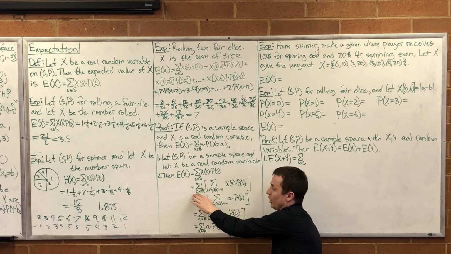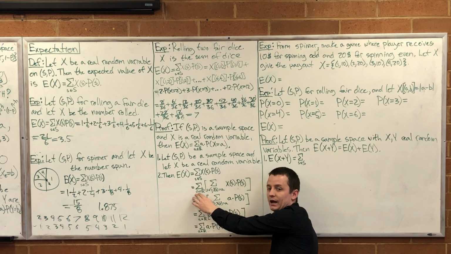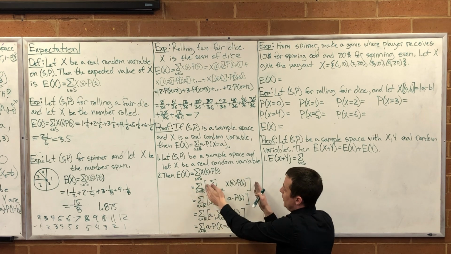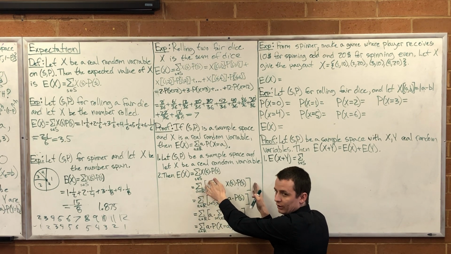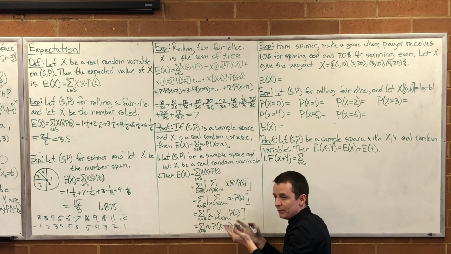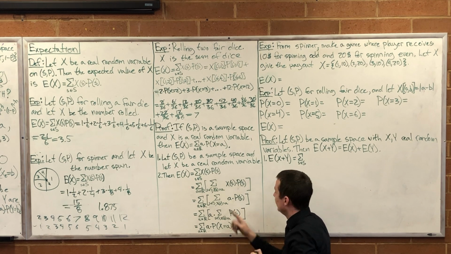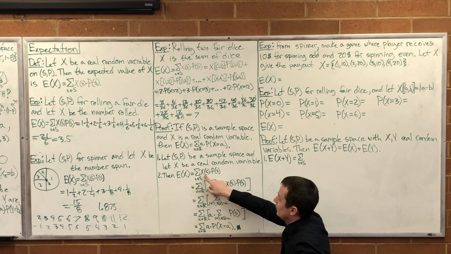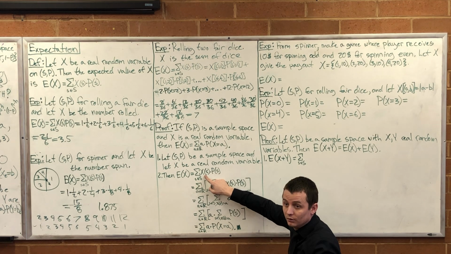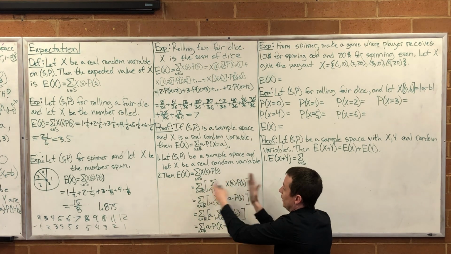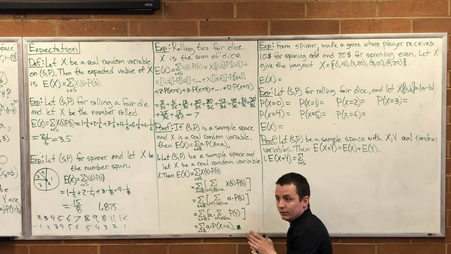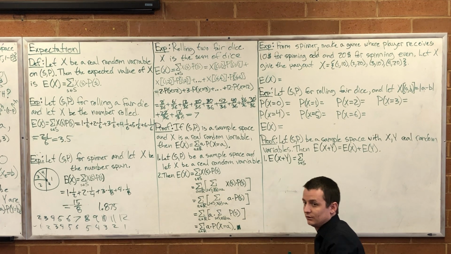Most of the time, there won't be any terms that give a particular A. If I pick A equal to negative 97, there's no internal sum there. For every one of these terms, X of s has to be some real number, and we're grouping all the ones that spit out the same real number together. That's all we're doing.